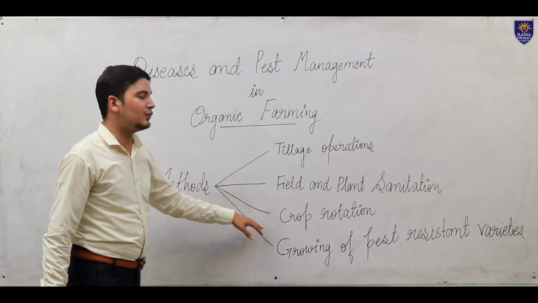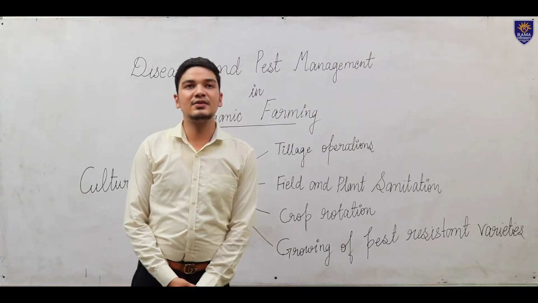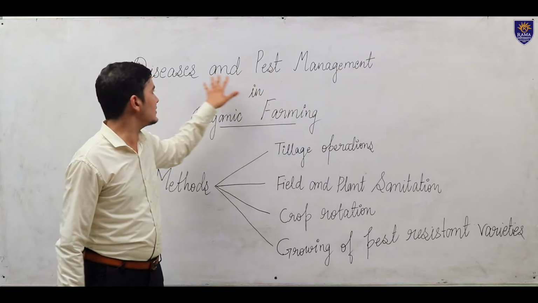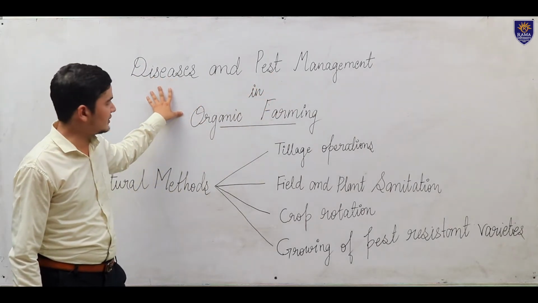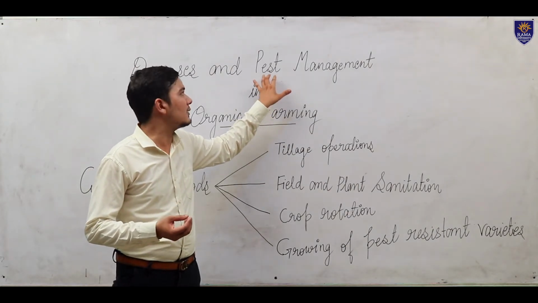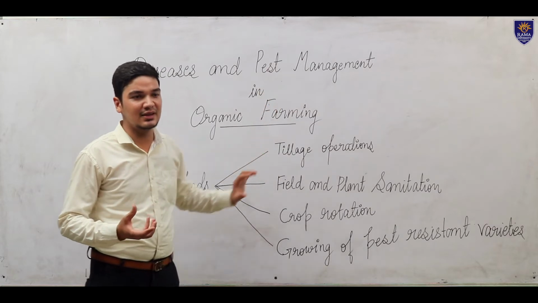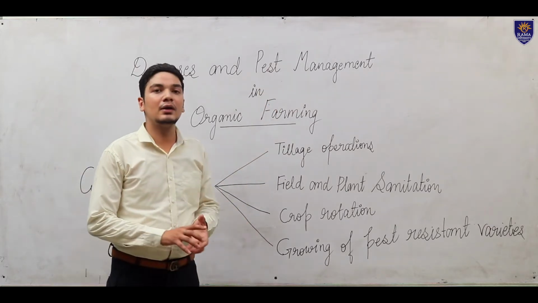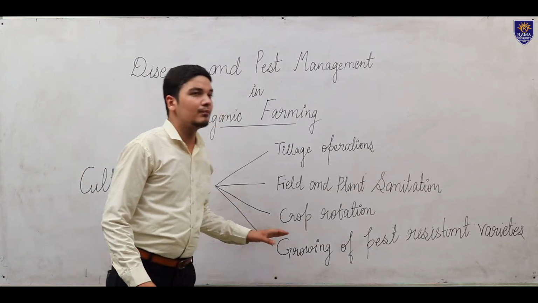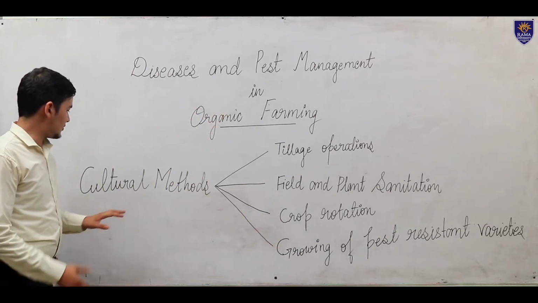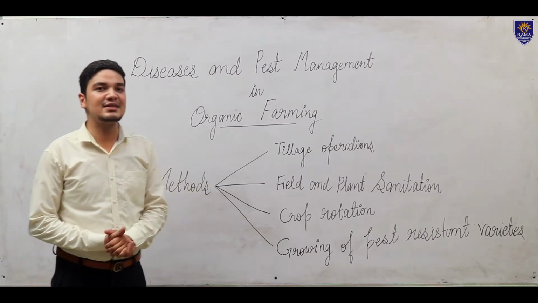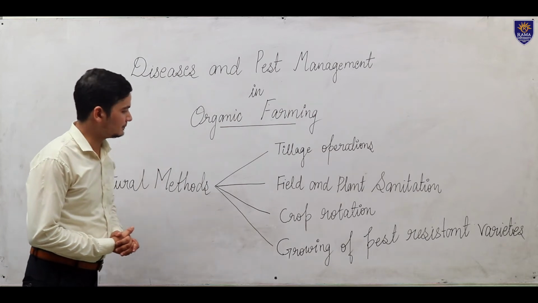The second benefit is that disease spores, insect pest populations or their eggs can be reduced to a minimum level. So crop rotation is highly advantageous in the cultural method for managing diseases and pests in organic farming.